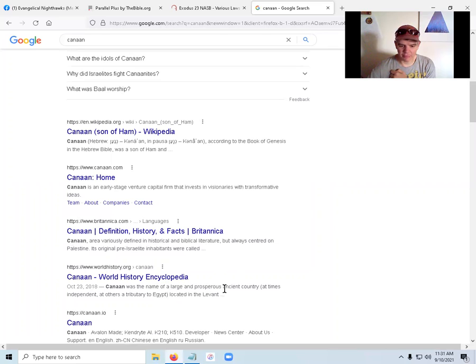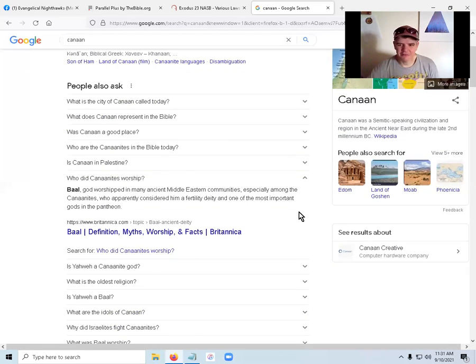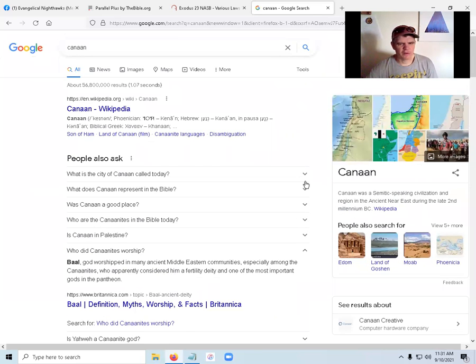It's the name of a large and prosperous ancient country, other than a tribute to Egypt, in the Levant. The Levant is the area around the Middle East, just northeast of Egypt and just east of Israel or Canaan. So hey, there you go. I don't think the word Levant is in the Bible.